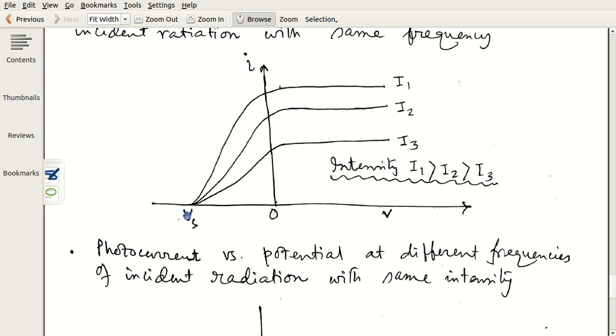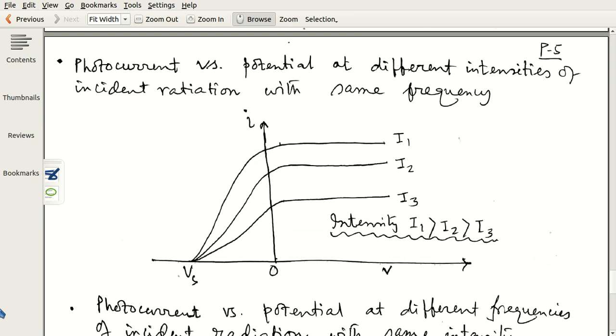Now you see, say your light is capable of producing photocurrent, and if you increase the intensity, then the current will increase.